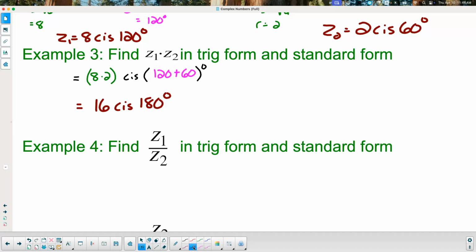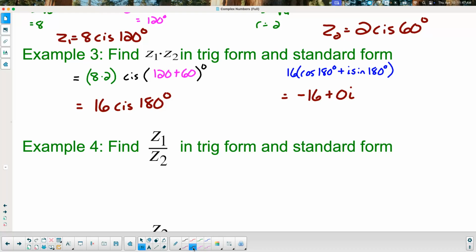Yes? Okay. Which is, the cosine at 180 degrees is -1. So this is -16. Sine at 180 degrees is 0. So that is plus 0i. Agree with that.